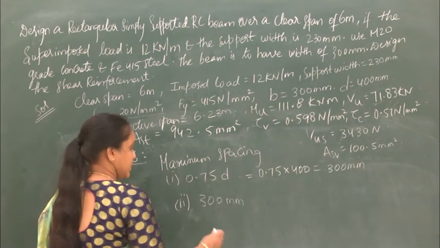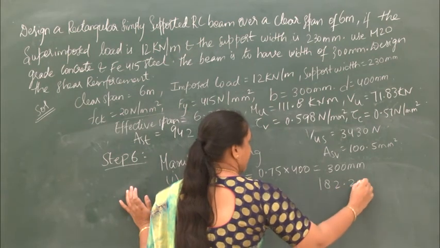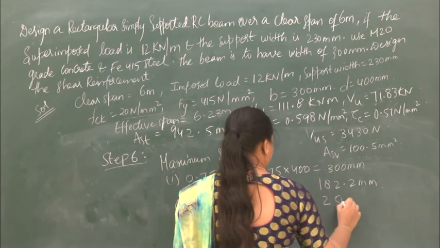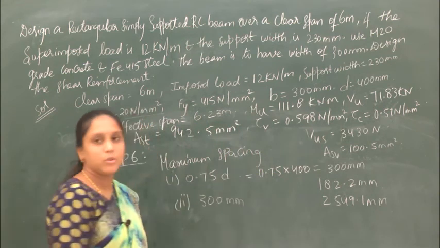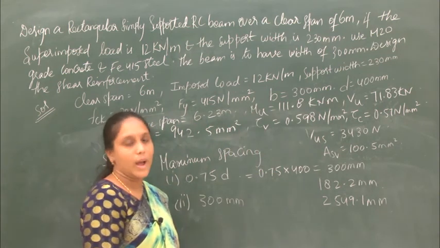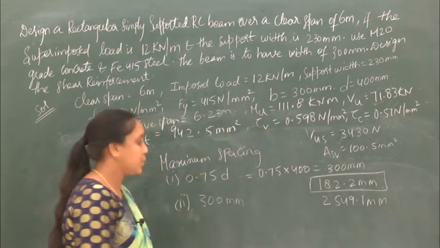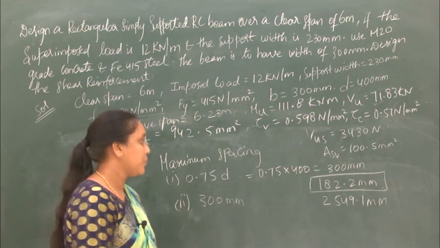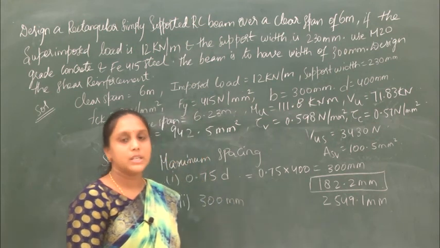So what are the previous Sv values we have got? One is 182.2 mm and the other one is 2549.1 mm. So out of all this you have to consider the least value. Which one is the least value? 182.2 mm is the least value. So we have to consider 182.2 mm as the spacing between the vertical stirrups.